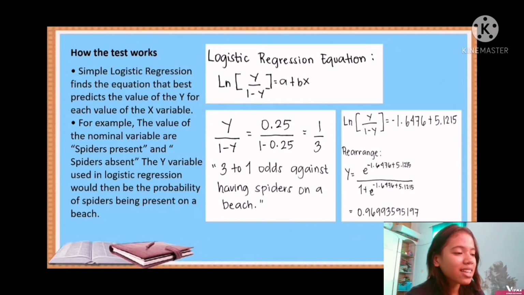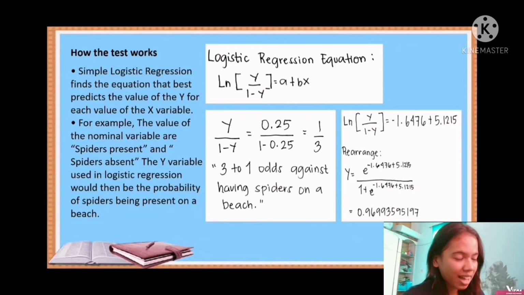The basic idea is that it finds the value of the parameters under which you would be most likely to get the observed results.